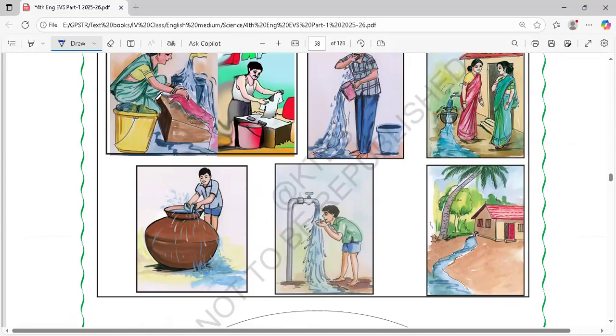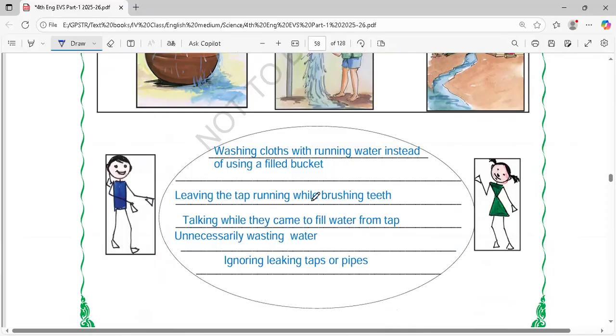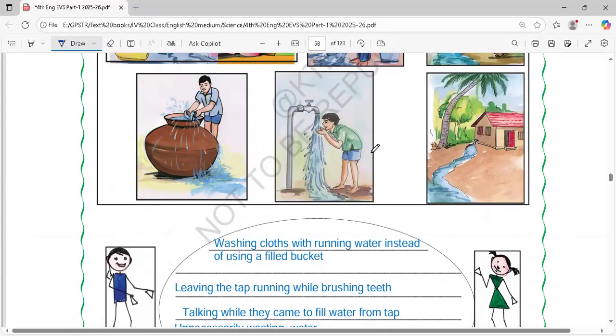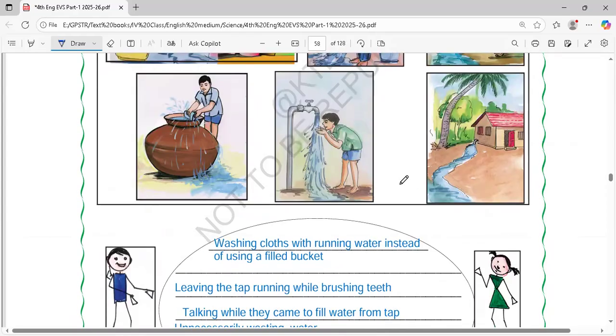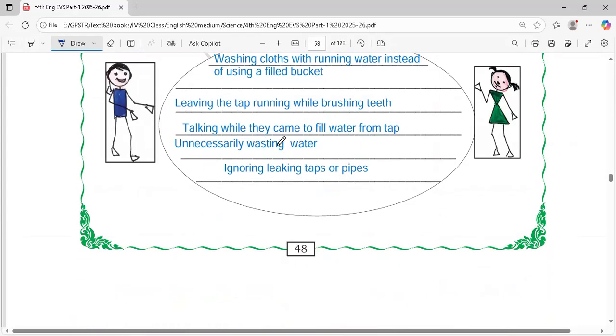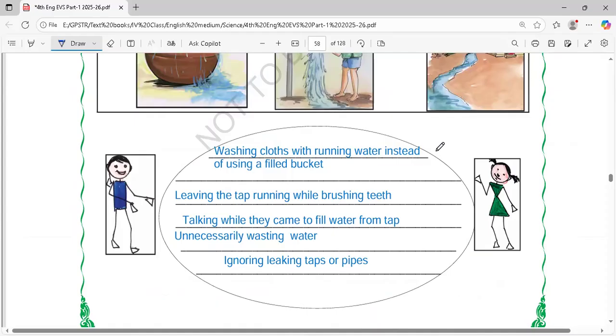See, washing clothes with running water instead of using a filled bucket. In this figure, next, leaving the tap running while brushing teeth. This is also wasting water. They are talking while they came to fill water from the tap. See this picture. Unnecessarily wasting water, ignoring leaking taps or pipes.